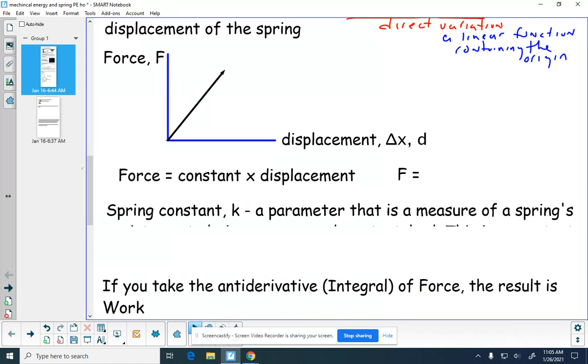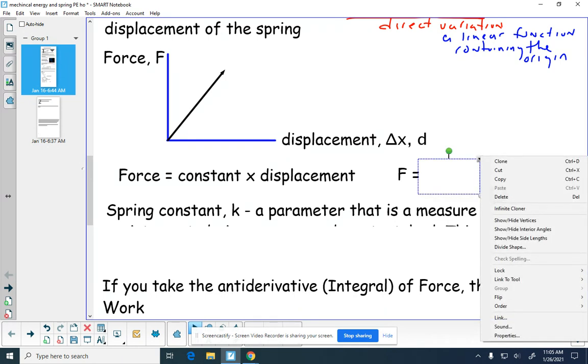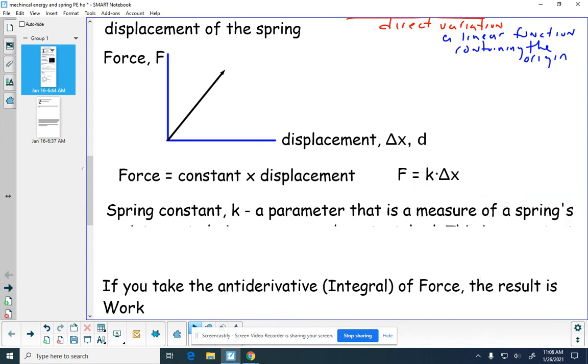So force will equal k times delta x, or d. We have a constant times displacement.